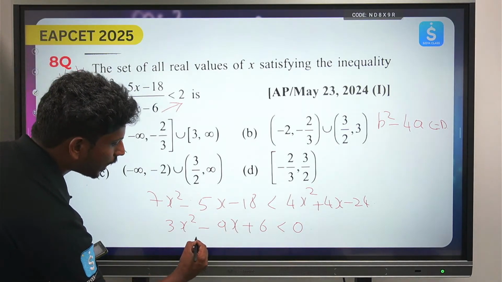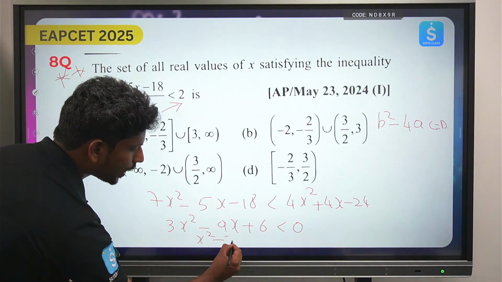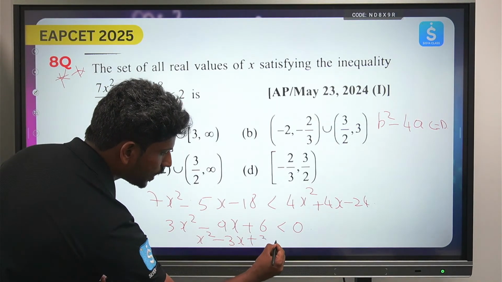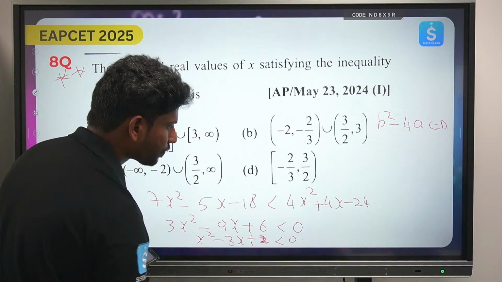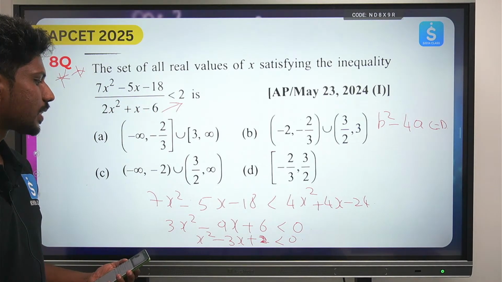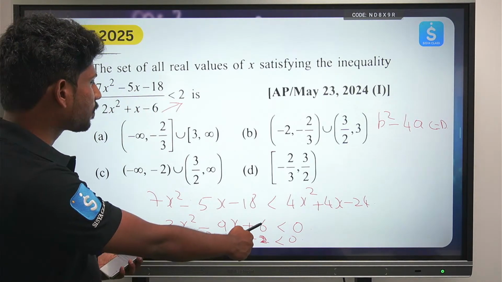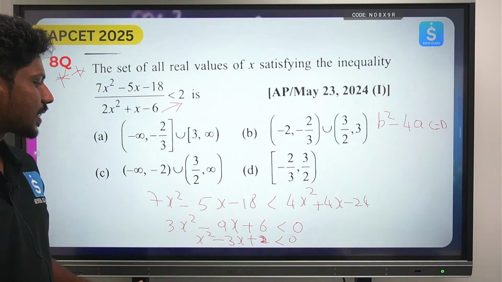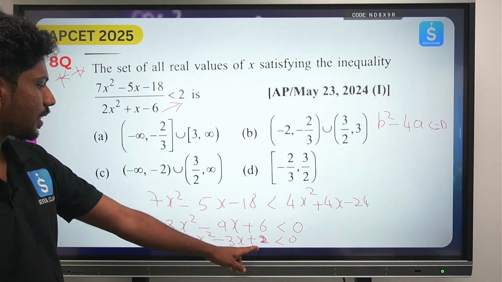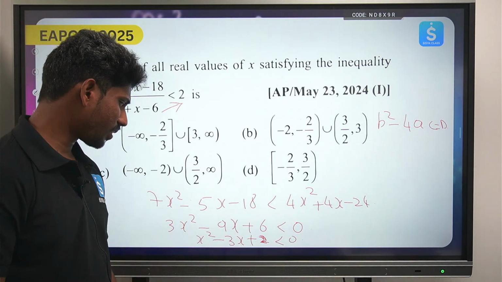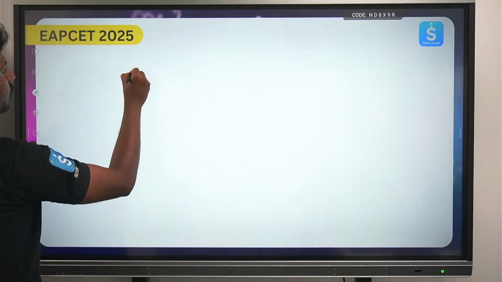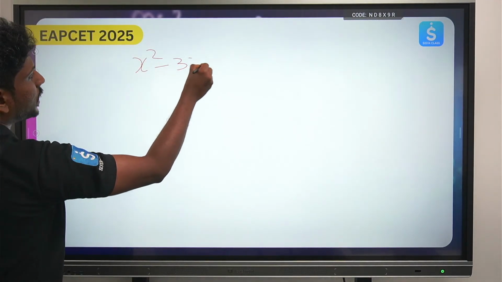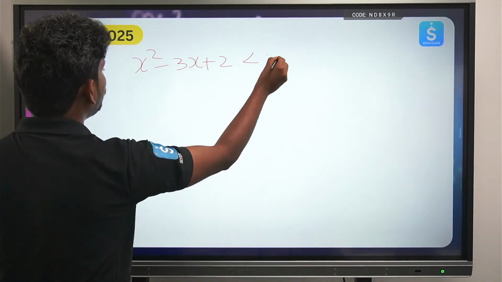Here I can write this as x square minus 3x plus 2 is less than 0. x square minus 3x plus 2 is less than 0. Now I can do the splitting of the middle term over here, that is x square minus 2x minus x plus 2.